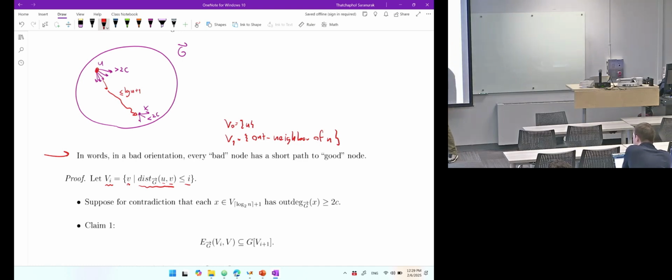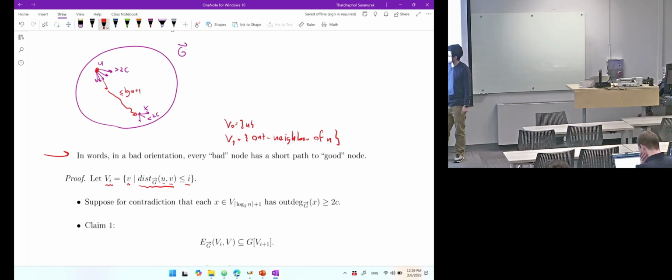Because if there is a guy in this set with small out degree, then there must exist a short path from U to X with small out degree. But I cannot find any within my small region, this log n level. There is no node with small out degree at all. Okay, so this is supposed for contradiction that this is the case. Okay.